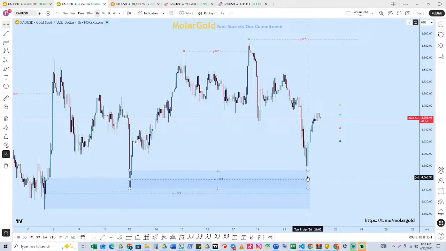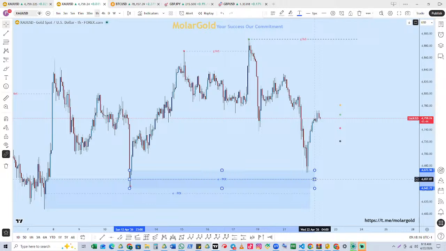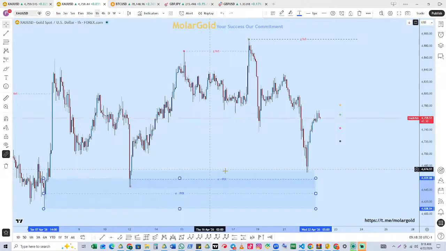So if that is the case, then price should do one thing and one thing only. And what is that? Price should first fully mitigate this one before I will think of any other thing.